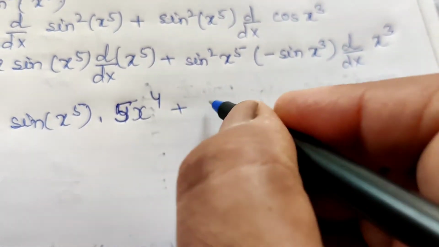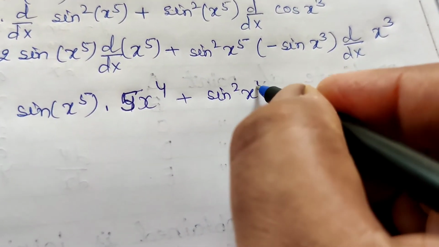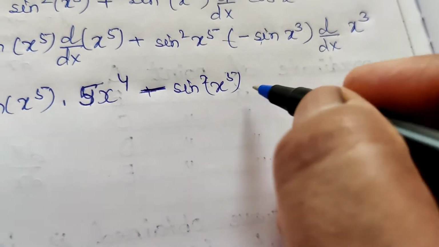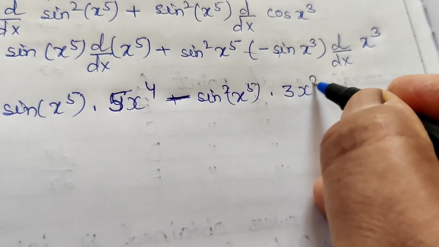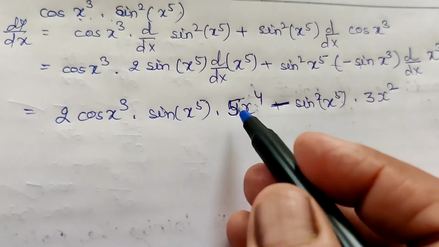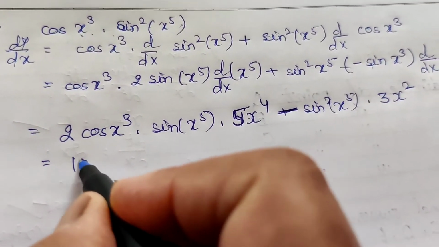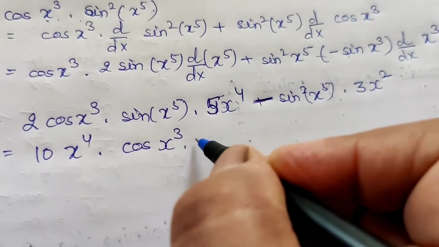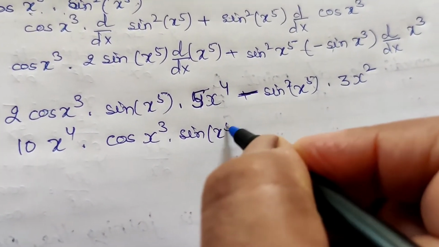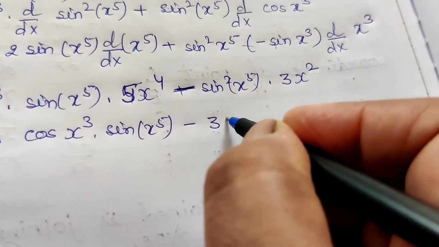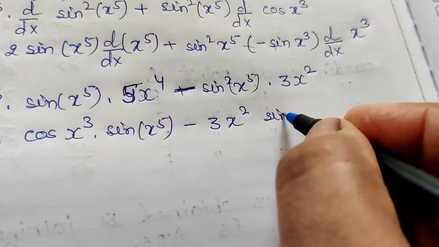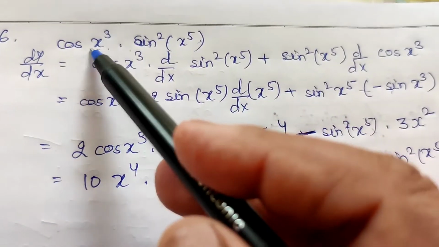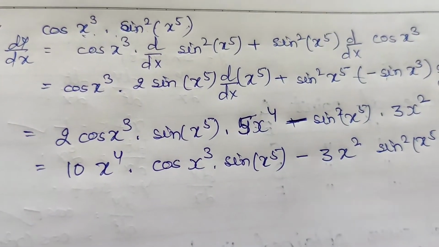And the next sin square(x raised to power 5) into minus sin(x cube), and x cube's differentiation is 3x square. Write in the simplest form: 10 x raised to power 4 into cos(x cube) sin(x raised to power 5) cos(x raised to power 5) minus 3x square into sin(x cube) sin square(x raised to power 5). This is the differentiation of this function.